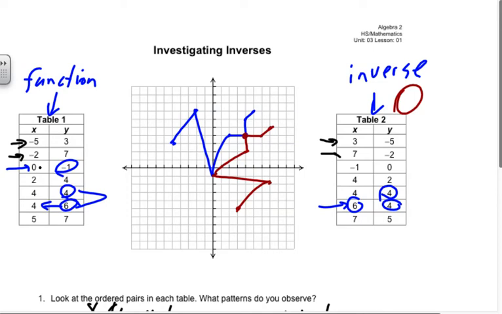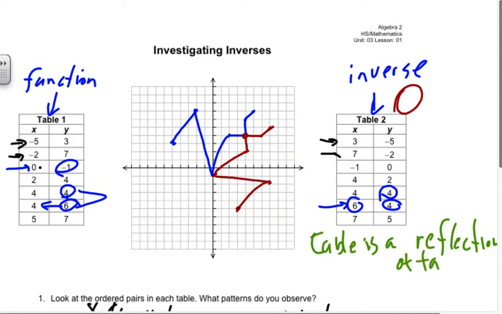Okay, we know we flipped the x and y values, which means that table 2, and this is the answer to number 3, is a reflection, you should remember this from geometry, of table 1. All right, so then it says there's a line of symmetry that runs between these two things.